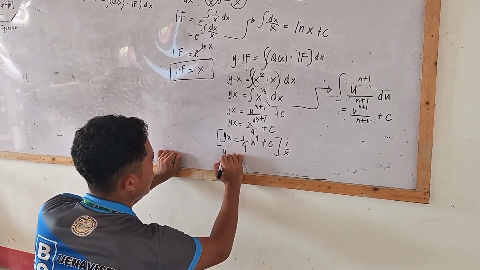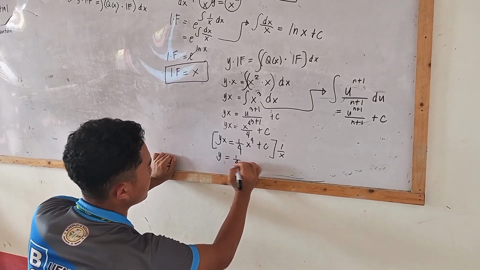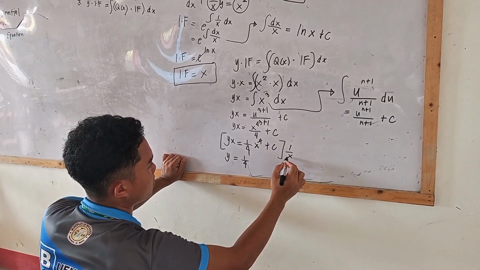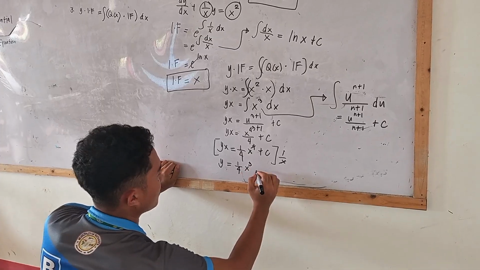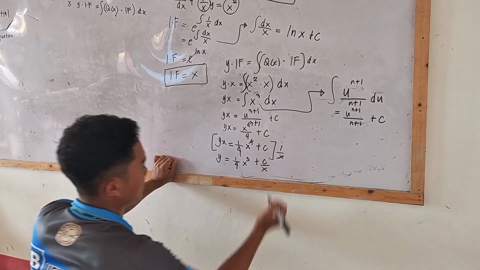So we remain with y equals 1/4 x raised to the power of 4 minus 1, which becomes x cubed, plus c over x.